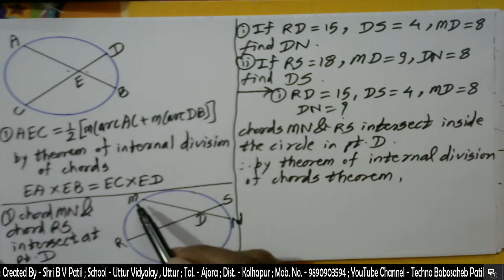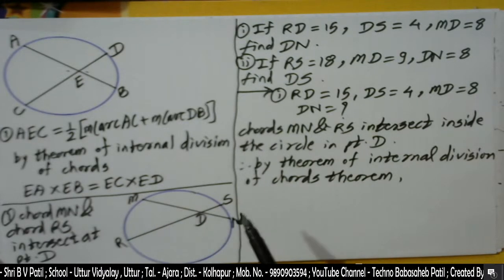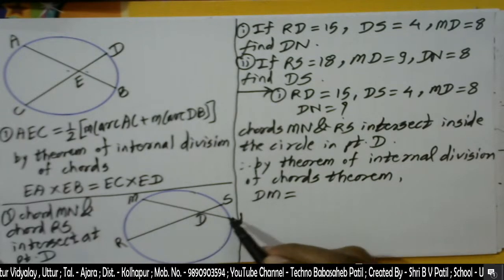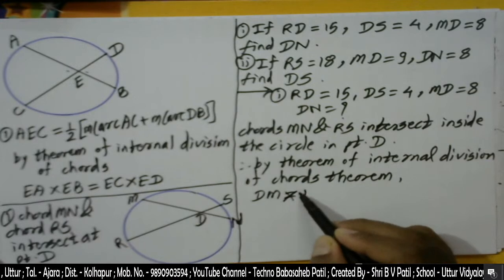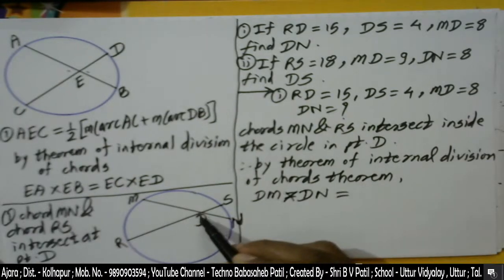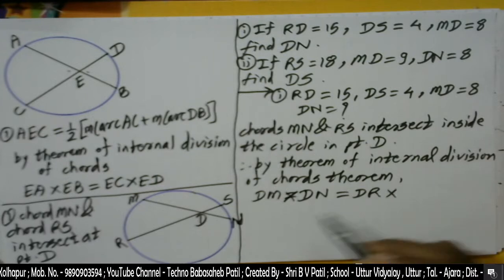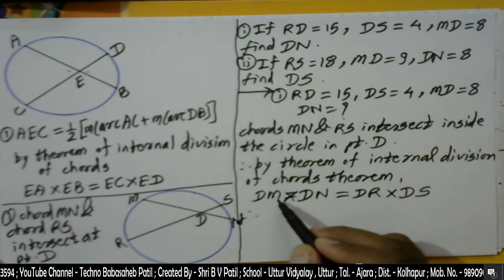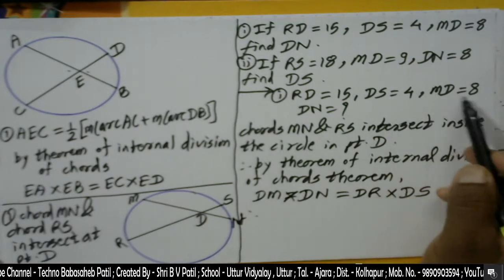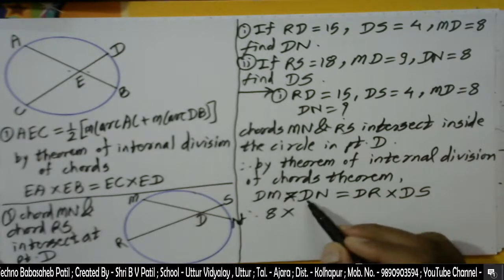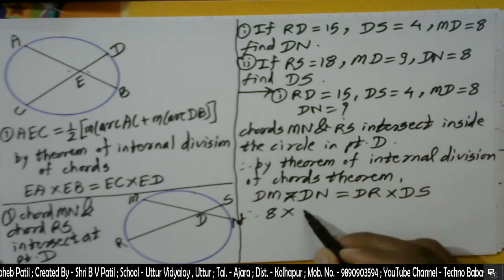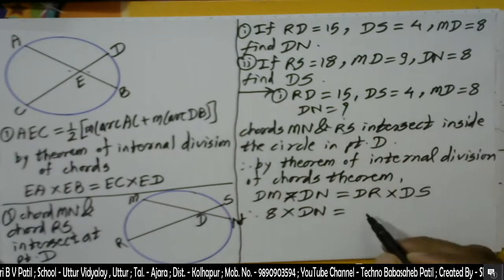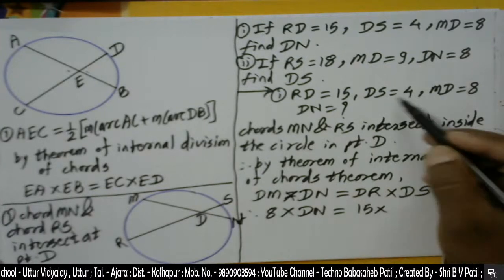From D to M, DM into DN is equal to DR into DS. Here MD is 8 into DN, the asking question, equals RD is 15 into DS is 4.